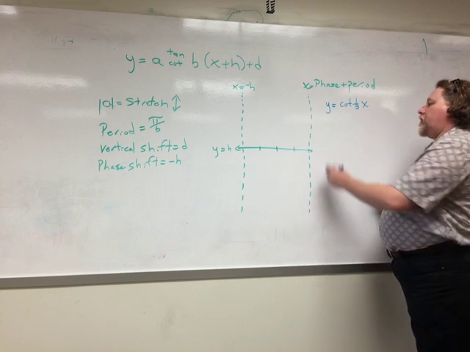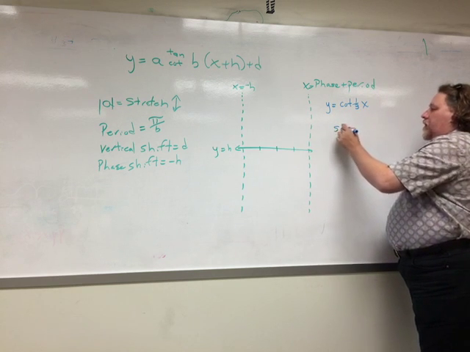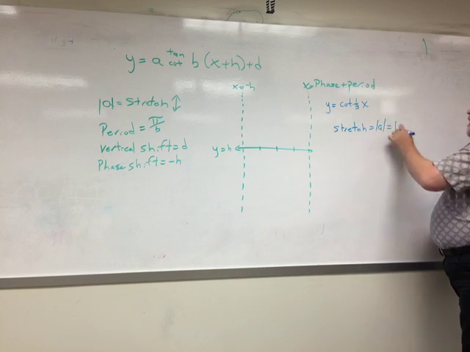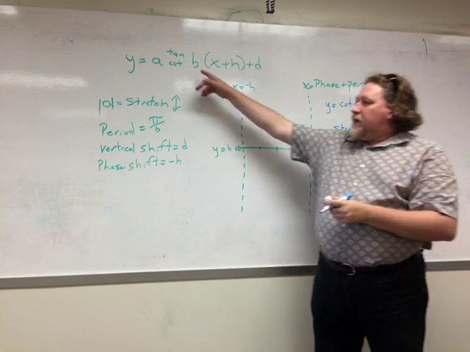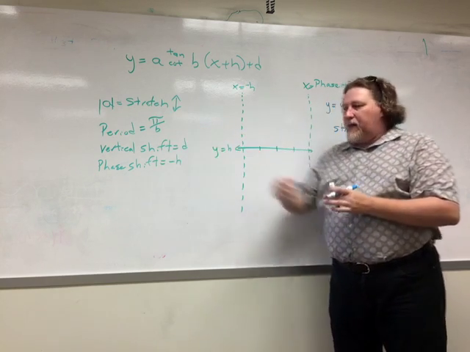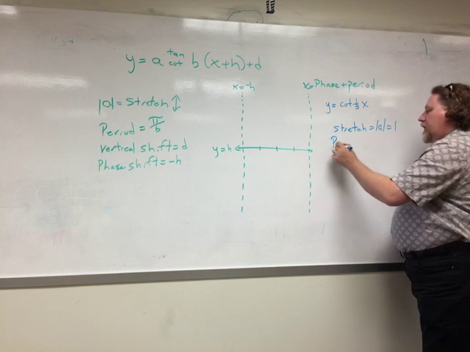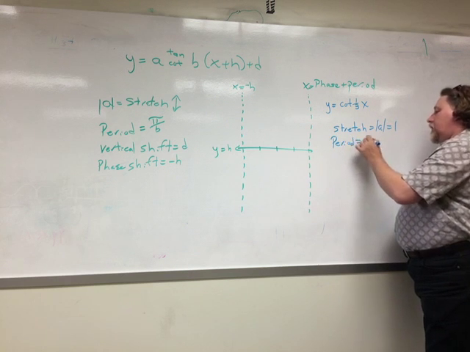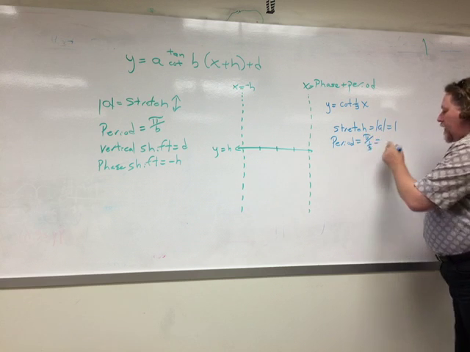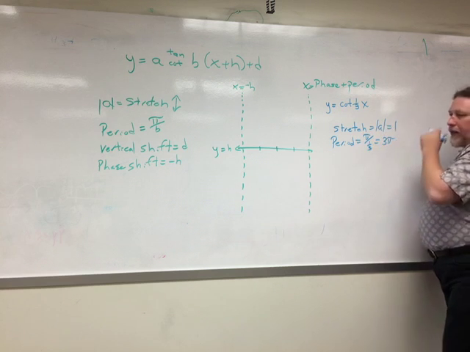In other words, it has not been stretched or squished at all. If we look at B, my B here is 1/3. My period is pi divided by b, which is 1/3. And pi divided by 1/3 is 3 pi.